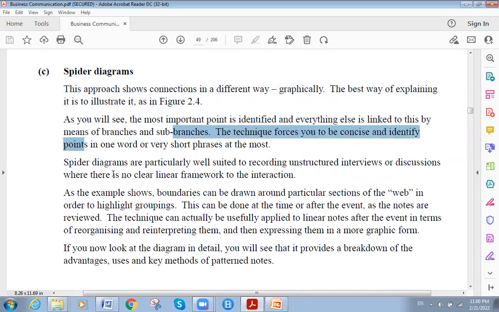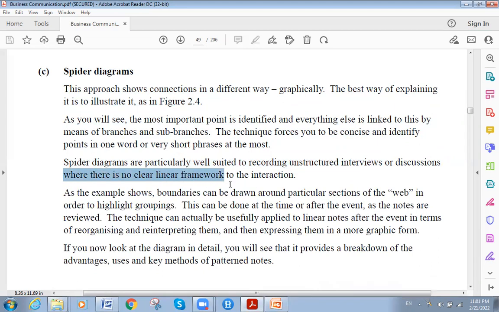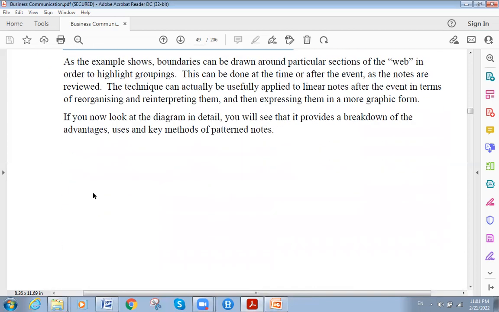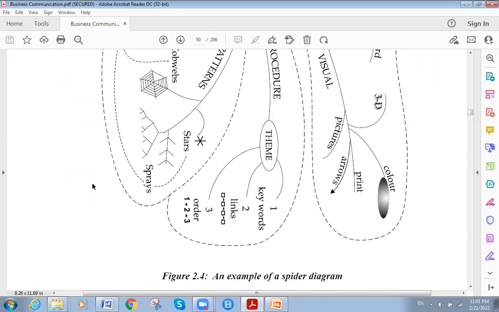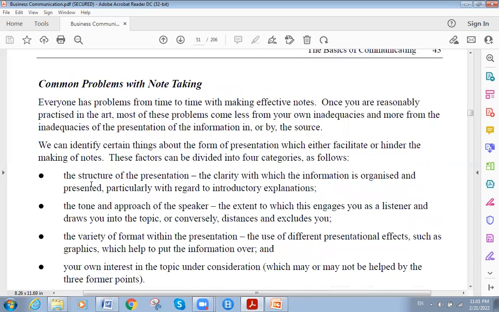Spider diagrams are particularly well suited to recording unstructured interviews or discussions where there is no clear linear framework to the interaction. So it shows a continuous process which is not structured.